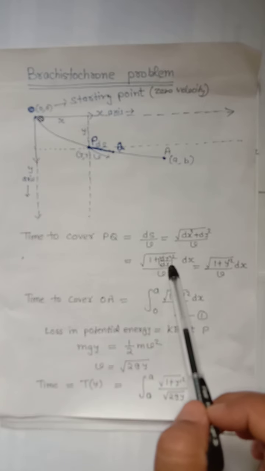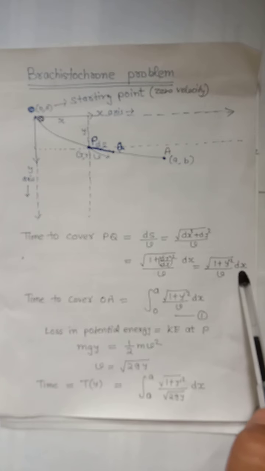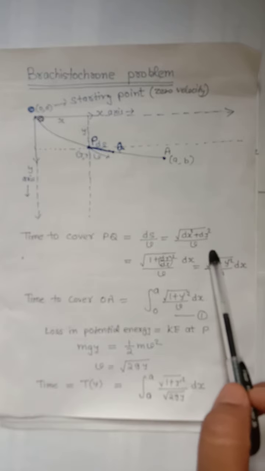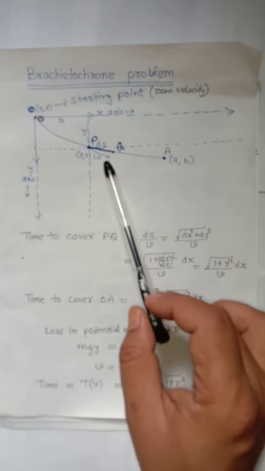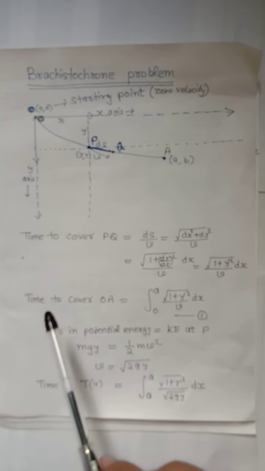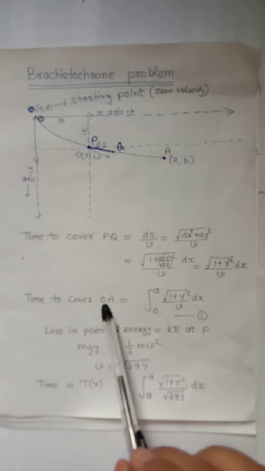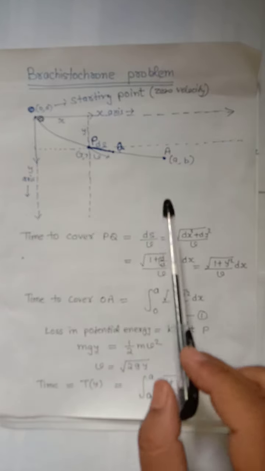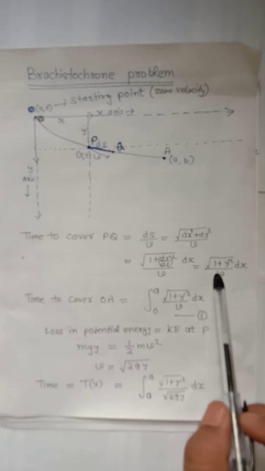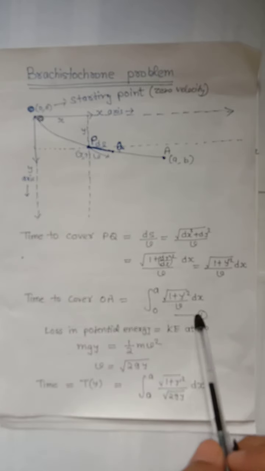In place of dy upon dx I can take y dash. This is the time taken by the bead in covering distance PQ. Now the time taken by the bead in covering distance PA along curve y will be the integration of this from 0 to A. This is equation 1.